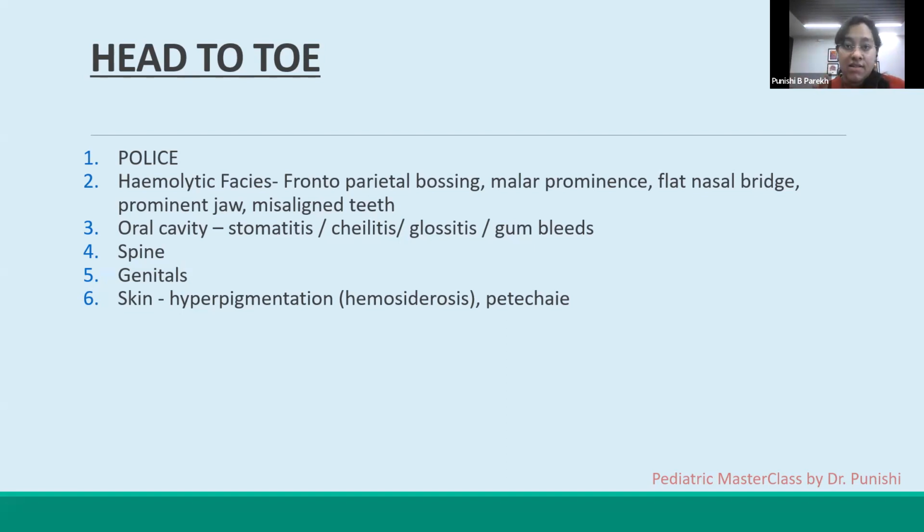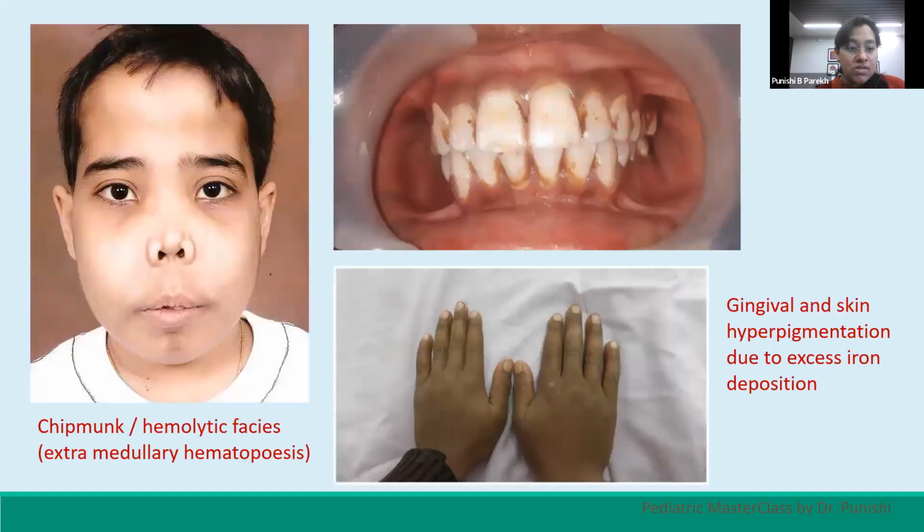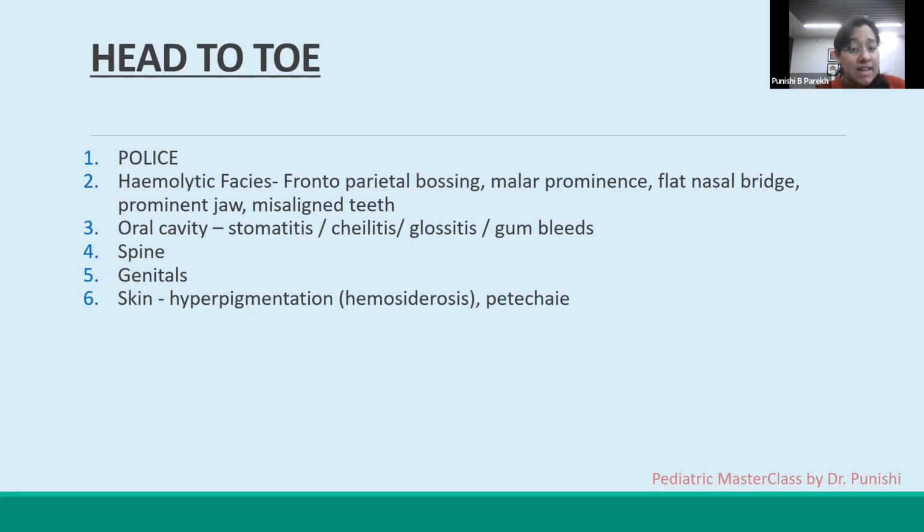Now, with respect to the face, you have particular hemolytic faces, also called chipmunk faces, that you see in thalassemics. This is what it looks like: they have frontal bossing, parietal bossing, malar prominence, and impaired dentition. So flat nasal bridge, frontoparietal bossing, malar prominence, prominent jaw, malaligned or misaligned teeth.